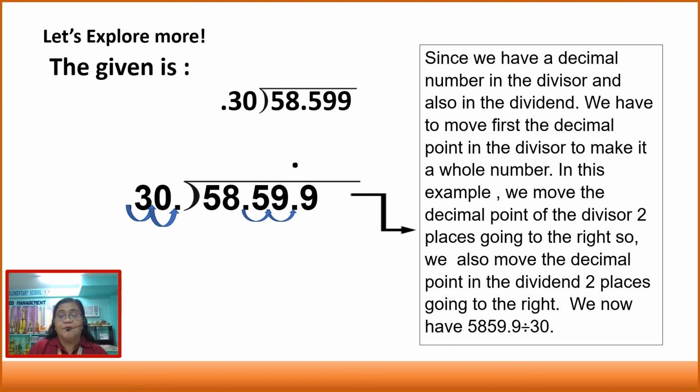In this example, we move the decimal point of the divisor 2 places going to the right, so we can also move the decimal point in the dividend 2 places going to the right. We now have 5,859 and 9 tenths divided by 30.